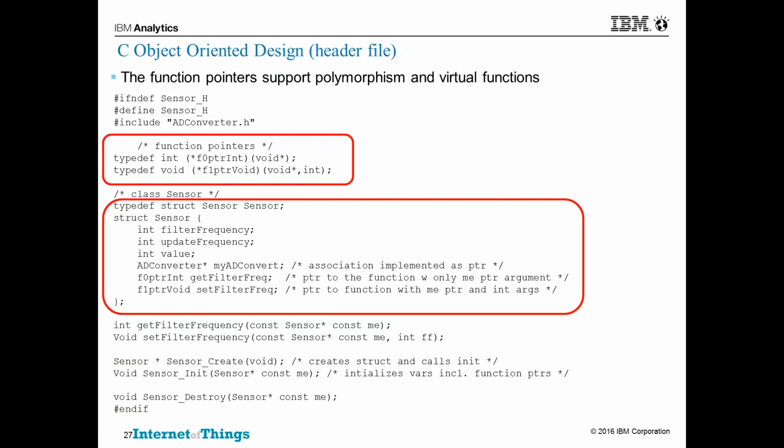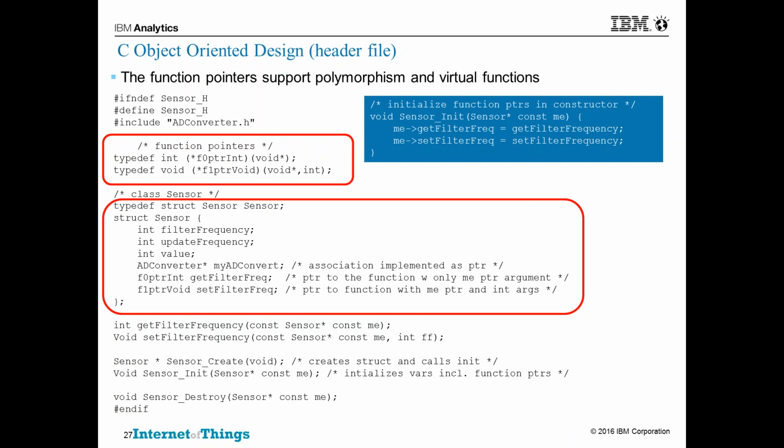So now here we've got the struct in the object-oriented sense for the sensor, and we've got the same stuff we had before: filter frequency, update frequency, value, and the AD converter pointer. We've also now got a pointer to the get filter frequency function and the set filter frequency function. In the constructor, one thing we'll do is initialize those pointers to point to our local copies of those functions.